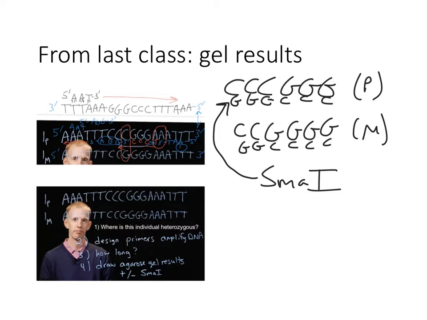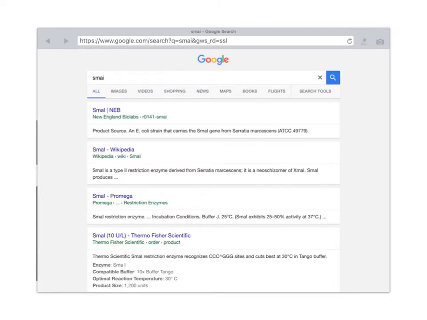So how do I know that small 1 recognizes CCCGGG? Does anybody have an idea? I Google small 1, and for me, the first hit that comes up is this website, New England Biolabs.